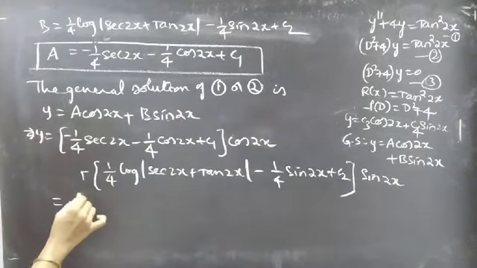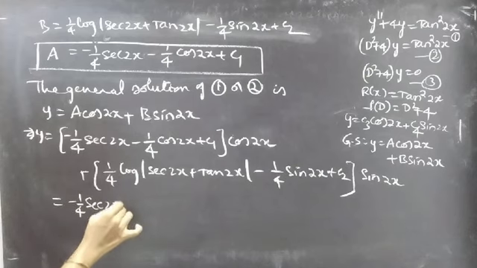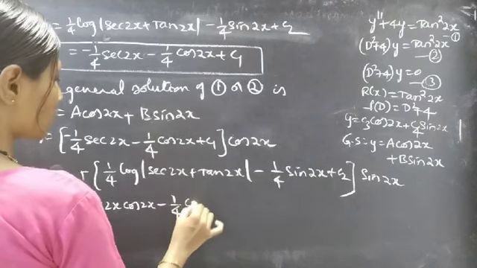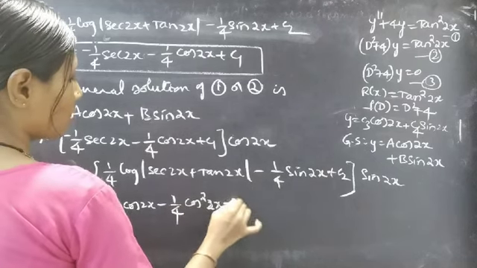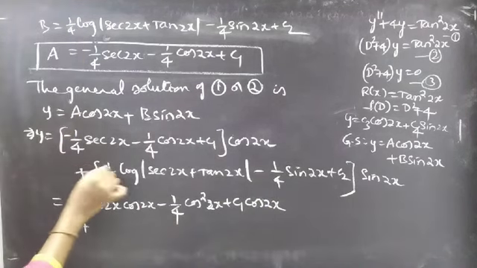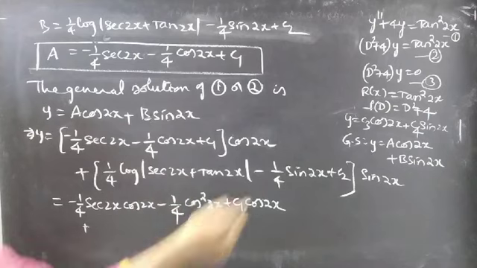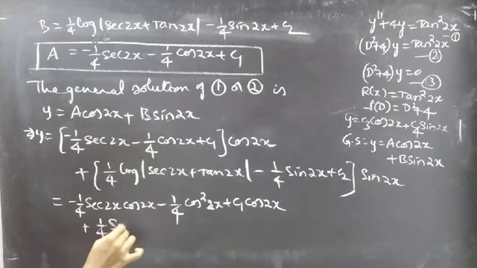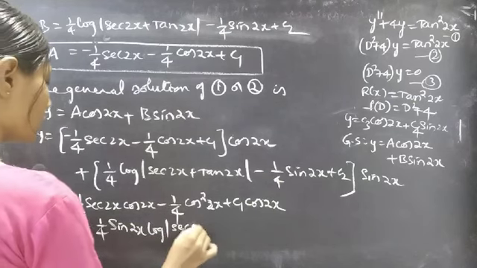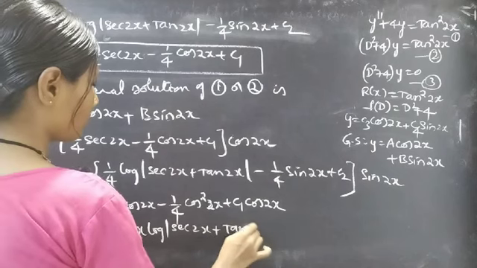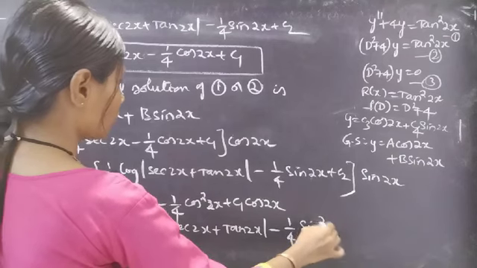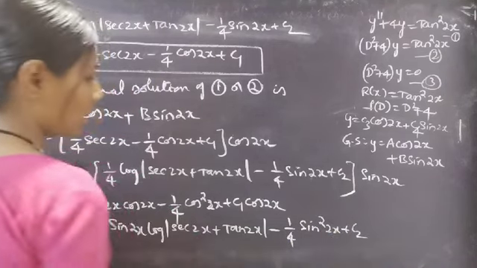This equals to minus 1 by 4 secant 2x cos 2x minus 1 by 4 cos 2x into cos 2x is cos square 2x plus c1 cos 2x plus 1 by 4 into, this term into sin 2x is 1 by 4 sin 2x into log mod secant 2x plus tan 2x minus 1 by 4 sin 2x into sin 2x is sin square 2x plus c2 sin 2x.